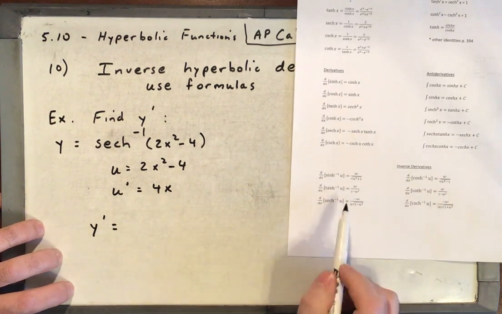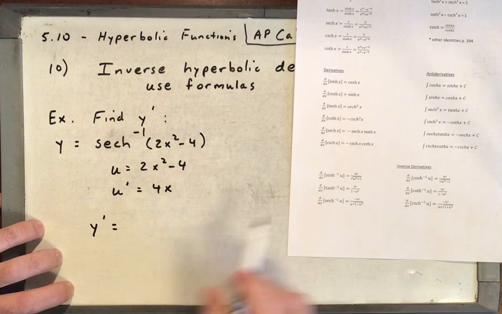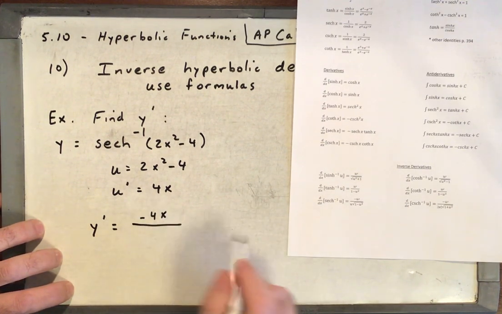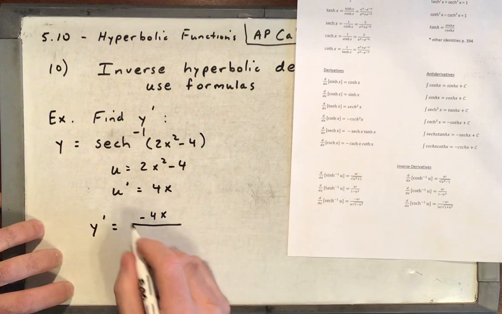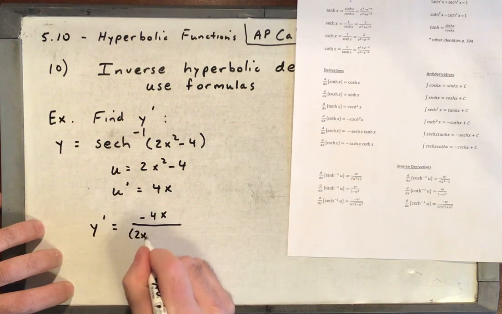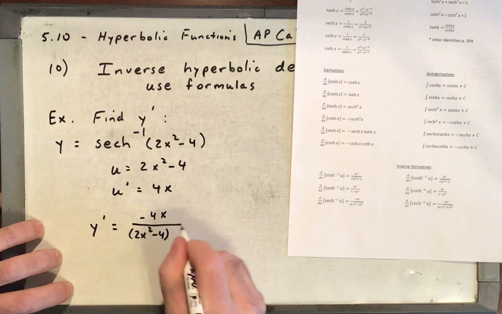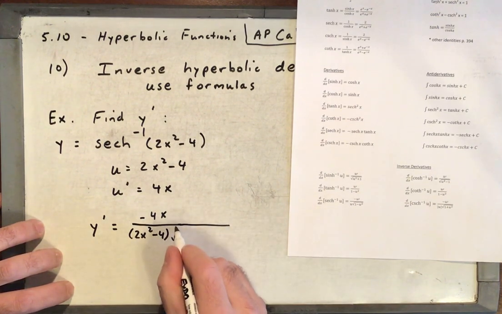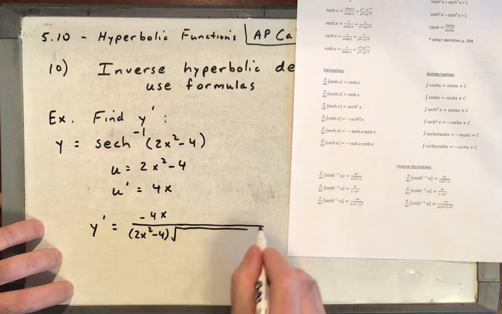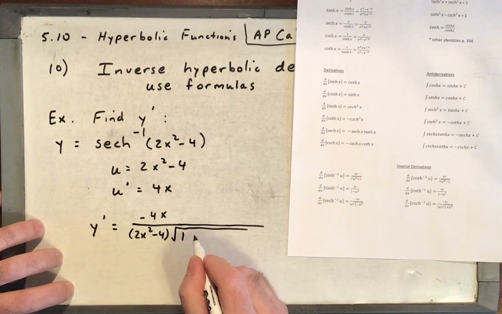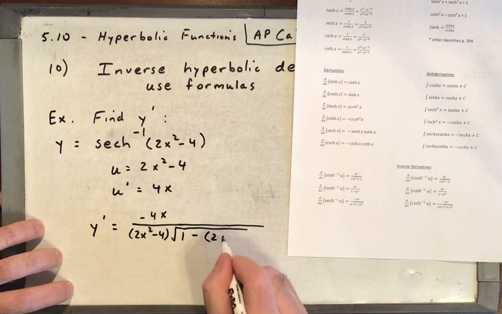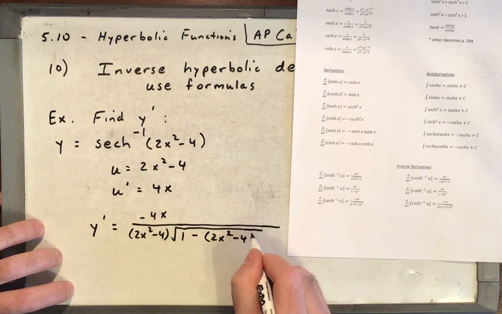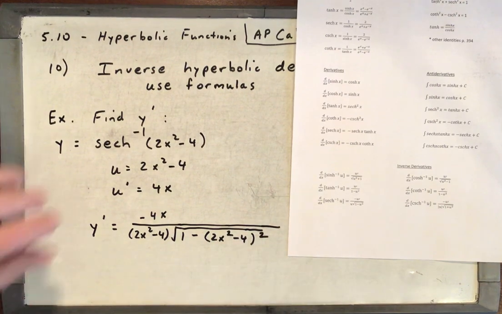All right, the formula, y prime. Okay, looking at the formula here. Negative u prime. So negative 4x over u. That's 2x squared minus 4 times the square root of 1 minus u squared, 1 minus 2x squared minus 4, all squared.